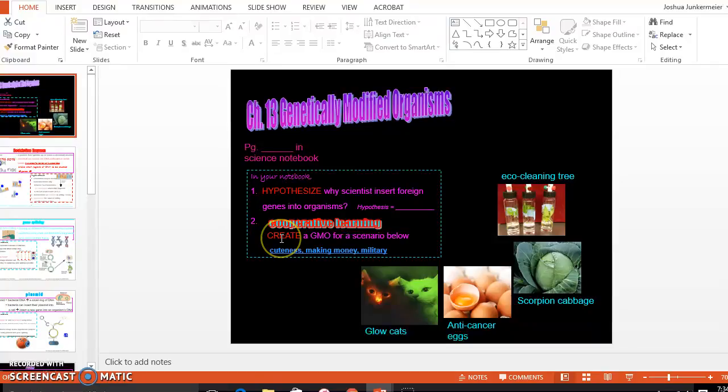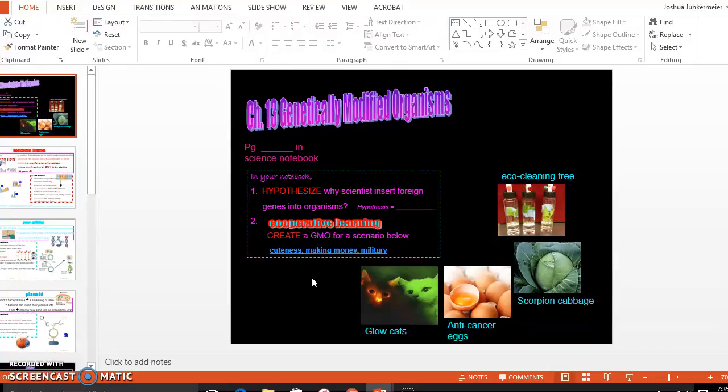And here you go. The next task, number 2, says create a GMO, or a genetically modified organism, for the scenario below. So pick one of these topics: cuteness, making money, or the military. Create a genetically modified organism, or select an organism, any type of animal or plant, microorganism, whatever.